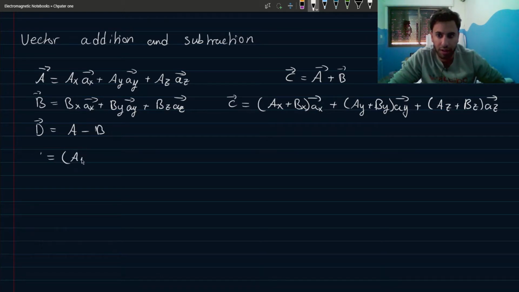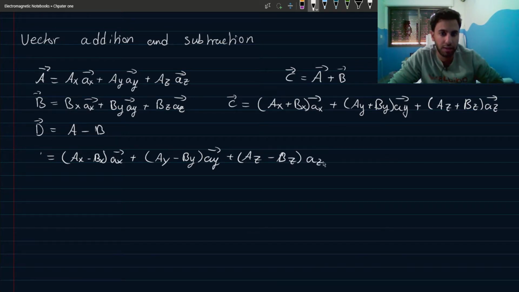So we say ax minus bx multiplied by the x unit vector, plus ay minus by multiplied by the y unit vector, plus az minus bz multiplied by the z unit vector. It's as simple as that.